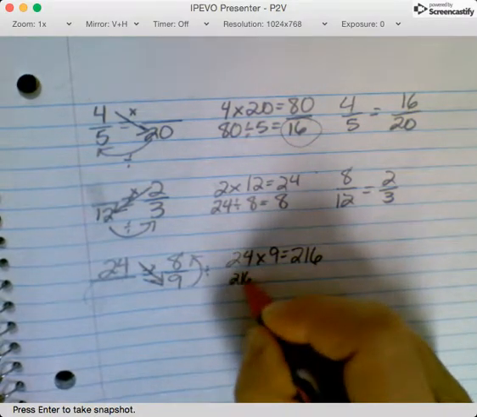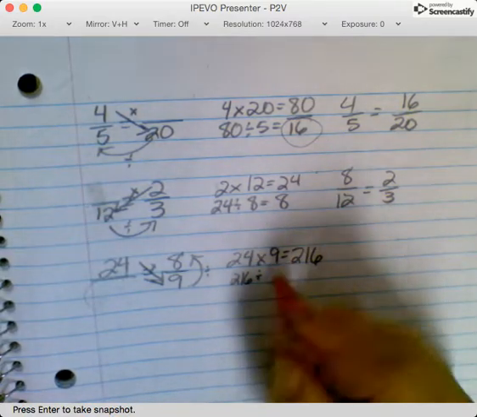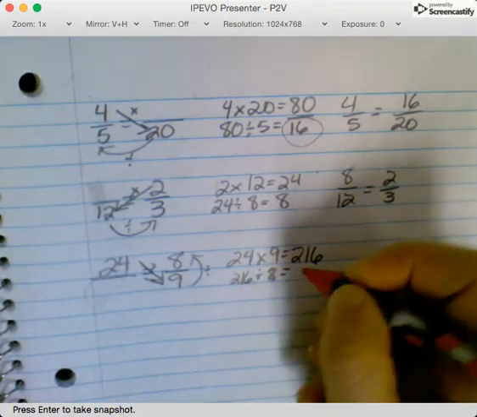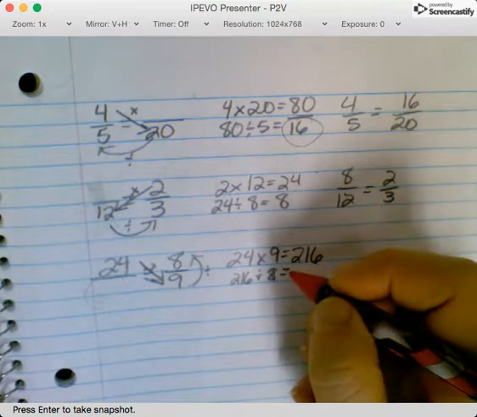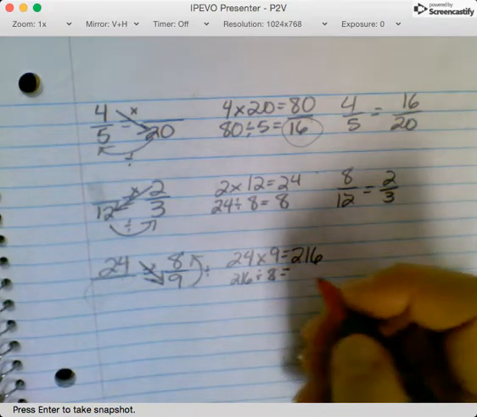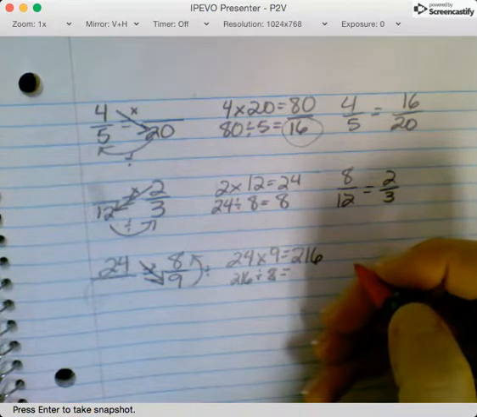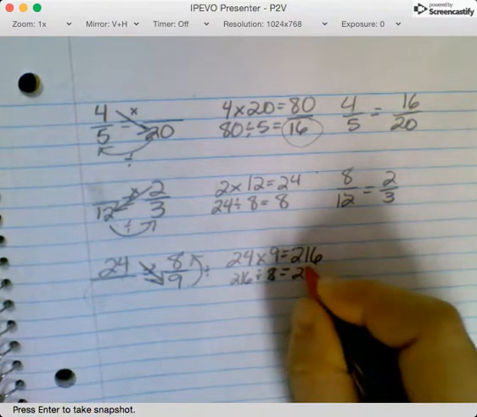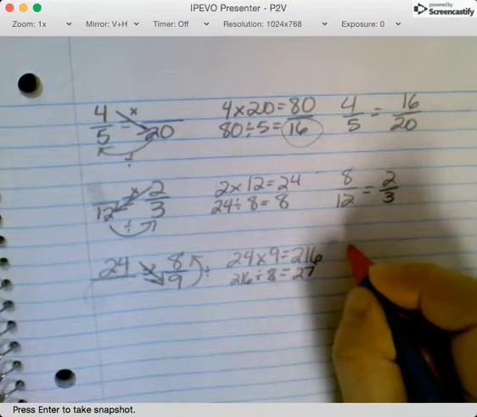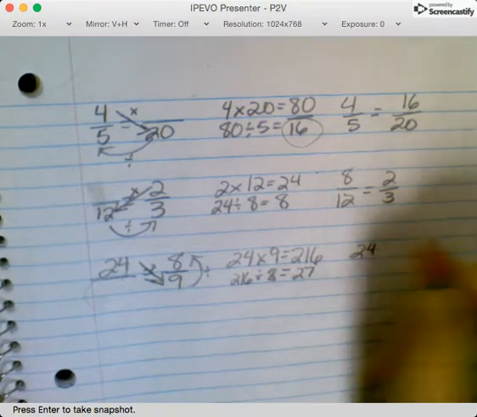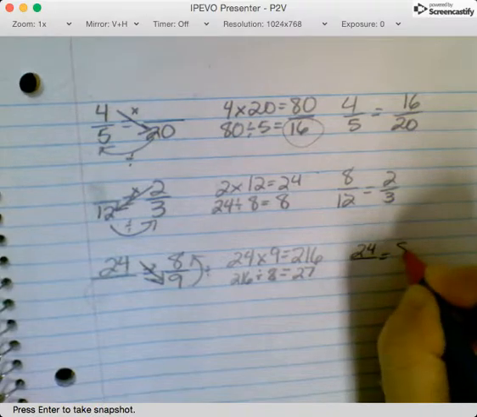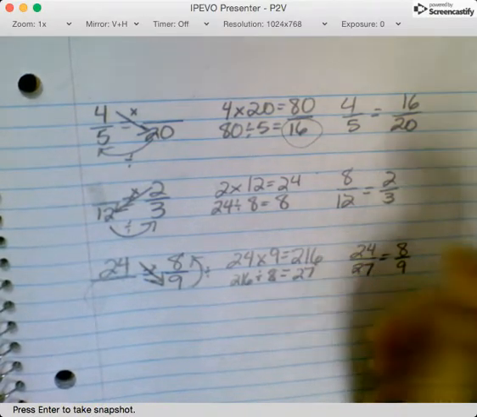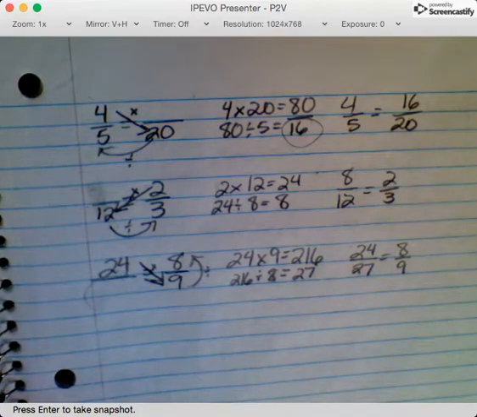So 216 divided by 8. And that should be 27. Okay, so that's one method of doing this.